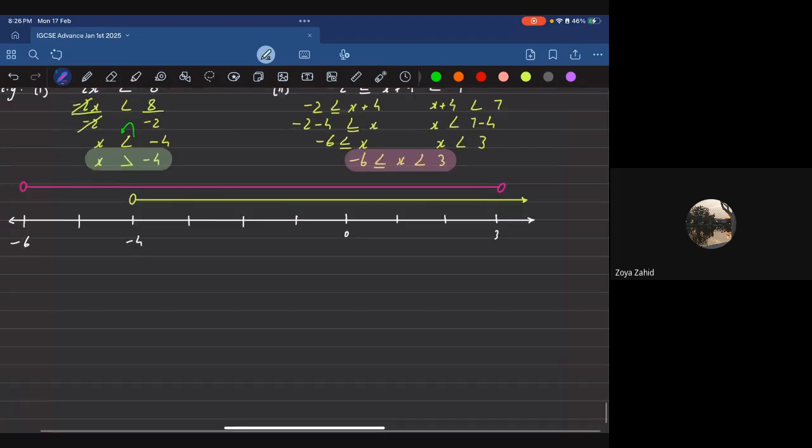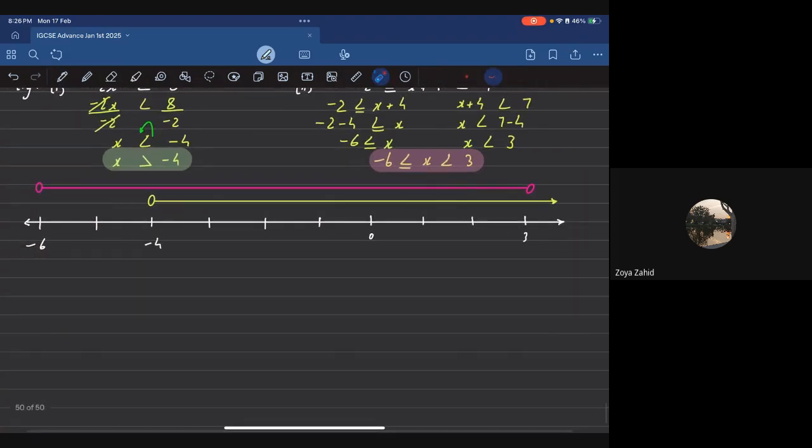The first thing we noticed is that there's no arrow, because x is limited to minus 6 and 3. Secondly, it says minus 6 is inclusive of x, like x is greater than, but equal to minus 6, so you just fill the dot up. Whereas the one without the equals sign is just left as it is. Is there anyone who doesn't understand this?